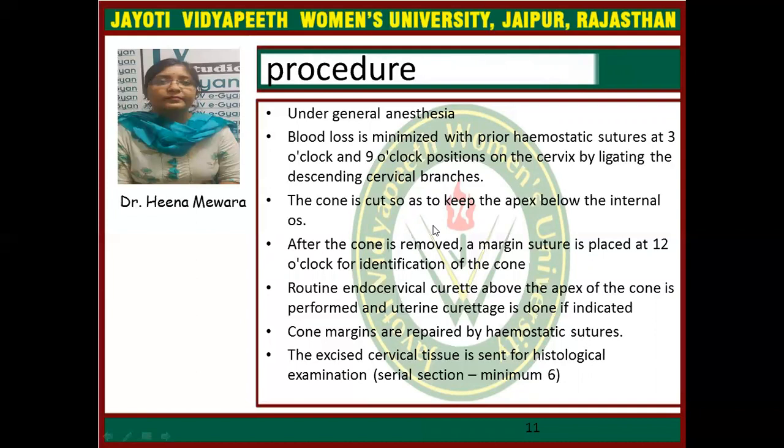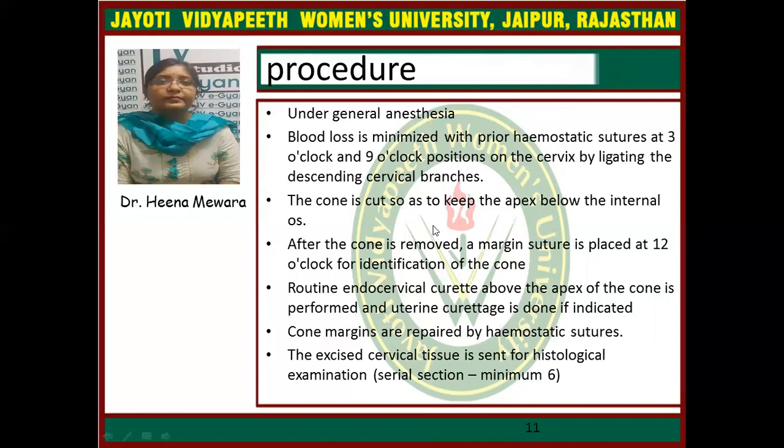The cone is now cut so as to keep the apex below the internal os. After the cone is removed, a marginal suture is placed at 12 o'clock position for identification of cone. Routine endocervical curettage above the apex of the cone is performed and uterine curettage is done if indicated.